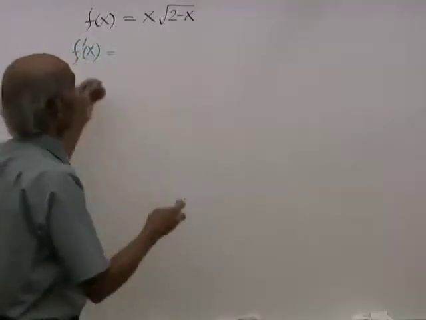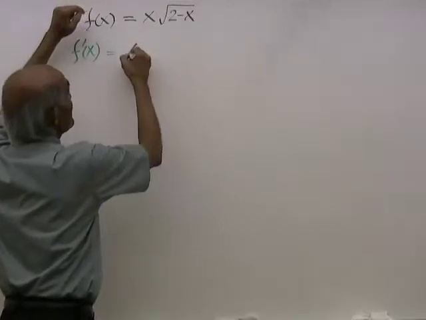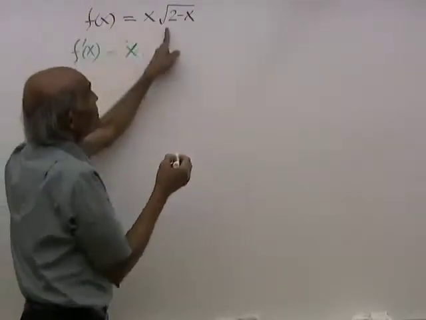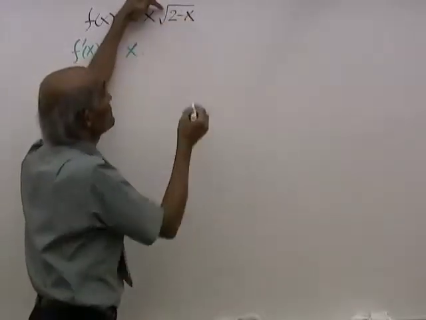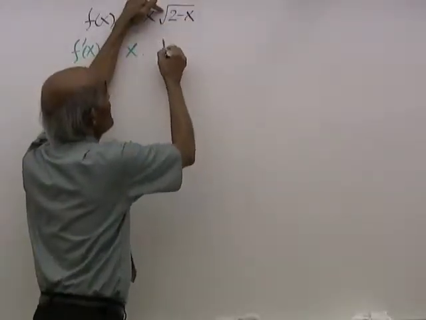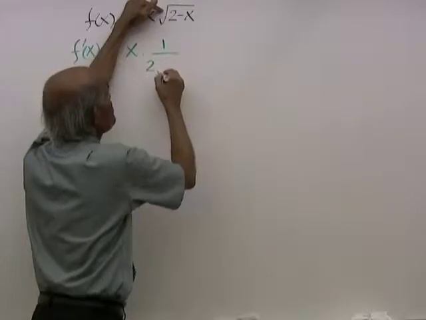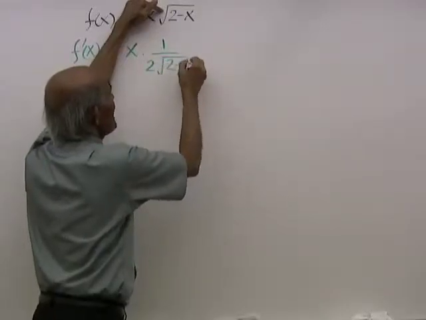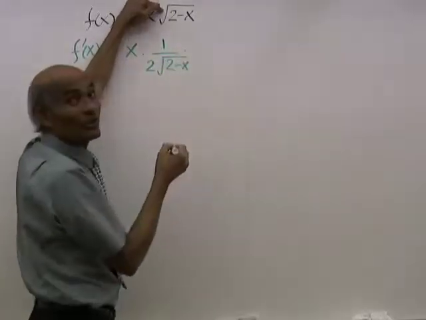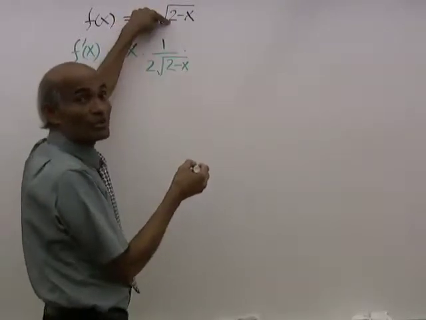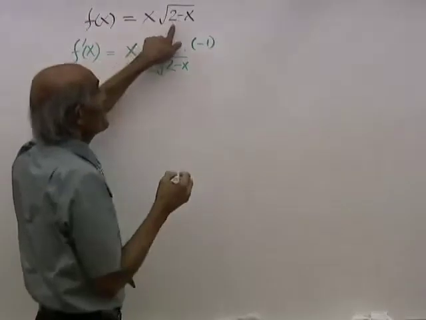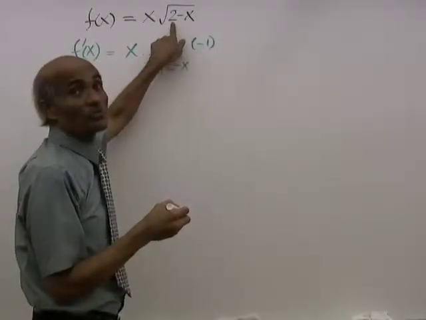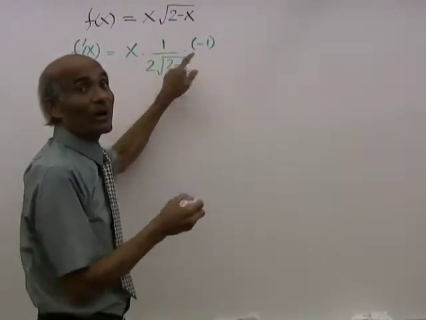Alright, let's write that down. It will be the first function, that is x times the derivative of square root 2 minus x. The derivative of a square root quantity is 1 over 2 square root 2 minus x times the derivative of the quantity 2 minus x, which is negative 1. I hope that is clear. The derivative of 2 minus x is negative 1.